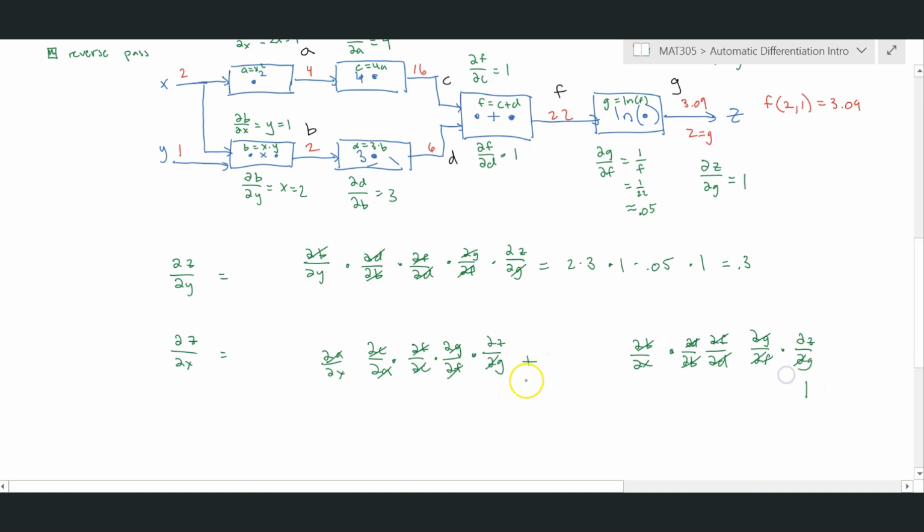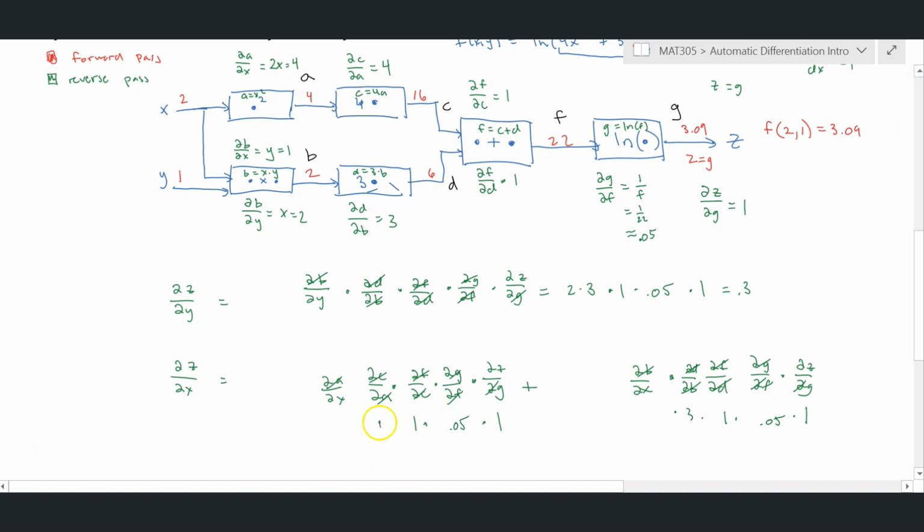And so again, all we have to do is multiply these together. So we have, these are both 1. dg df is about 0.05. df dd is 1 and df dc is 1. Then we have dd dB, which is 3, and dc dA, which is 4, and then dB dx, which is 1, dA dx, which is 4. And so we need to sum these together.